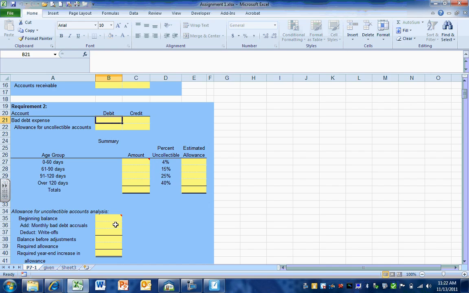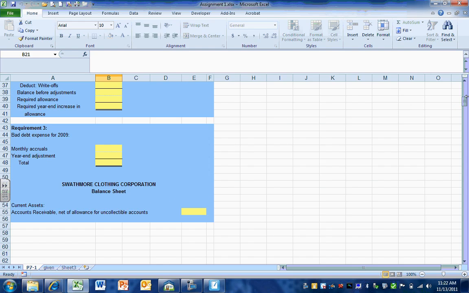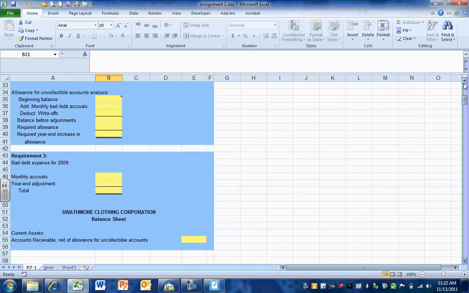You're going to add in the bad debt accruals that you calculated up in requirement number 1, and then you are going to adjust for the write-down for specific accounts that went bad. So that will be your balance in the allowance account prior to the application of the balance sheet approach, the aging report. You'll compare what you have with what you want to be, and that's going to be your increase or decrease in the account balance.